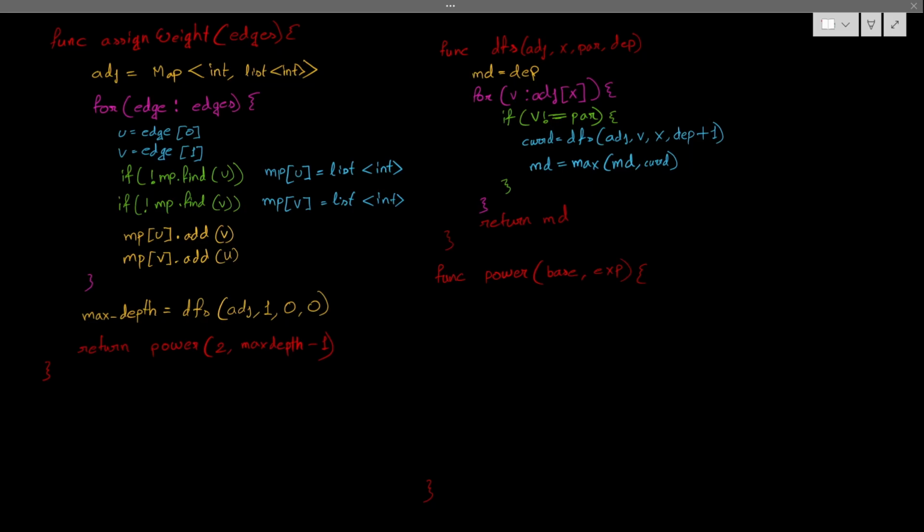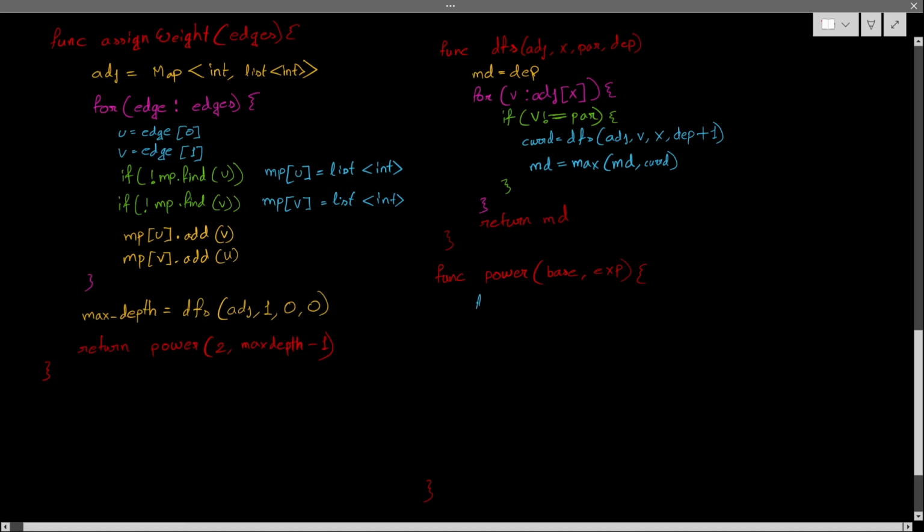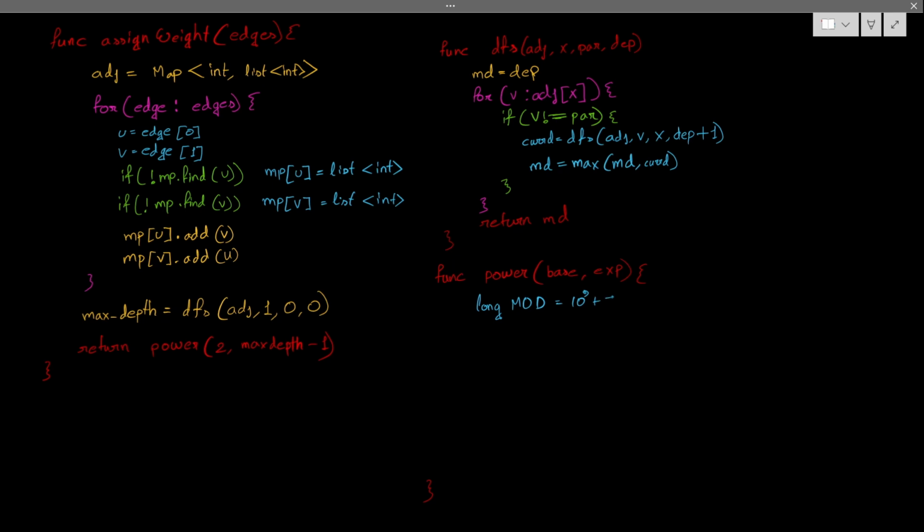For that, I need the power again. Right now there is the power, and I need the mod, so I should remove that mod one. Here long mod is nothing but 10 to the power 9 plus 7, and another thing is there. Let's say long result is 1, and I need another long, base.